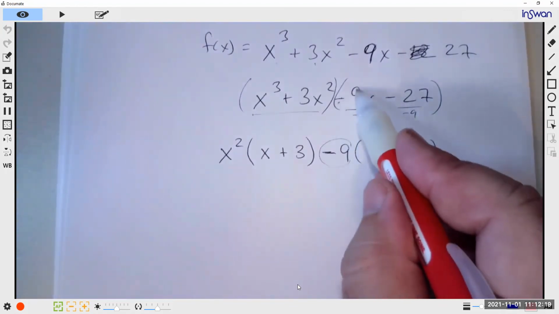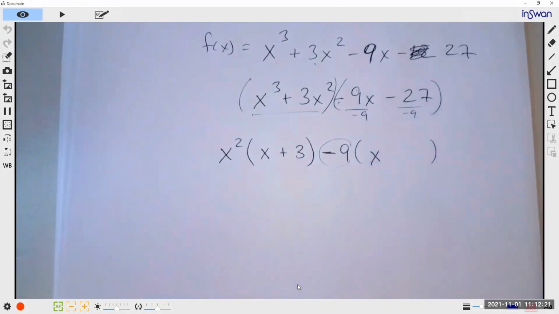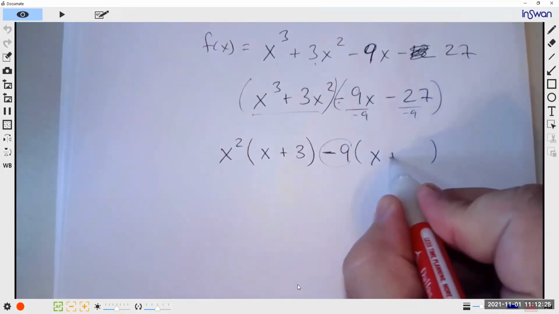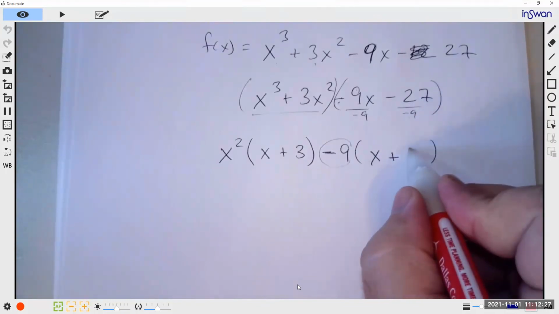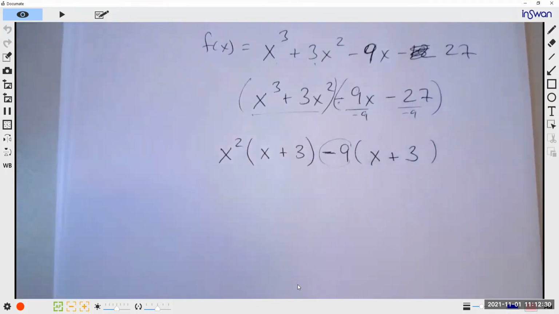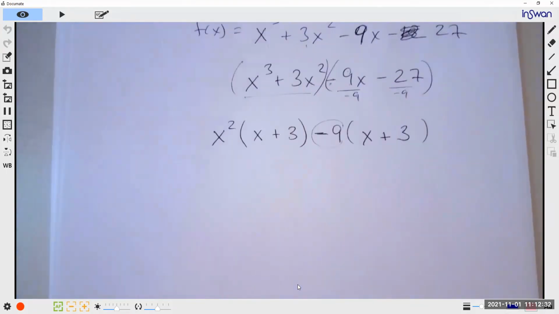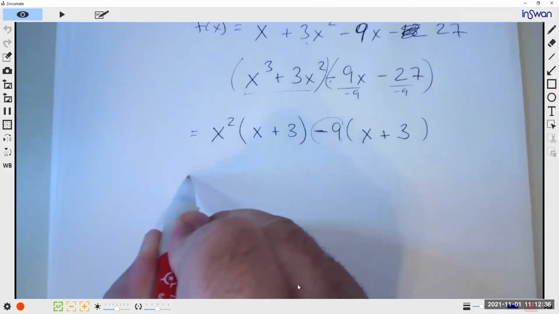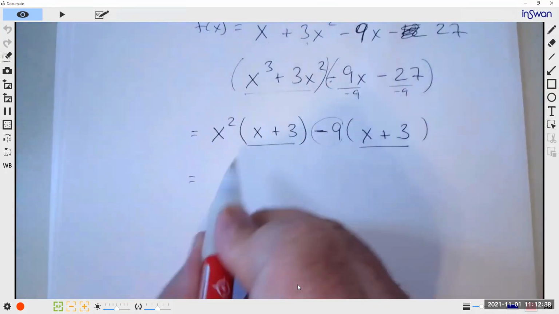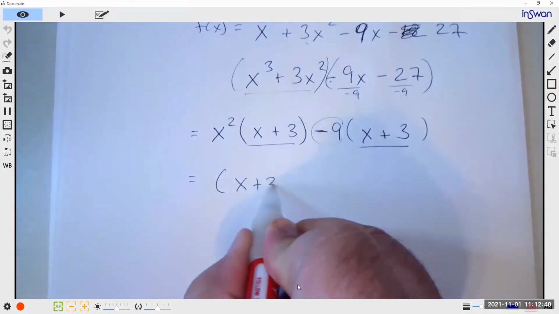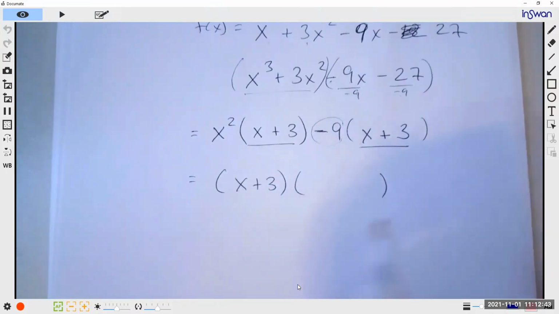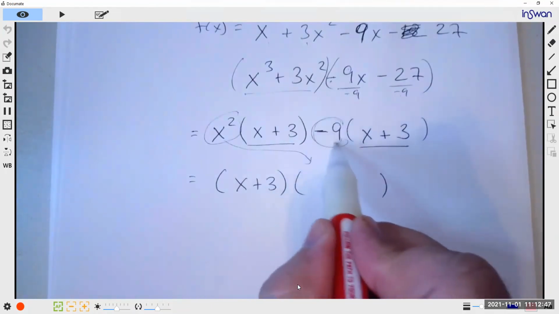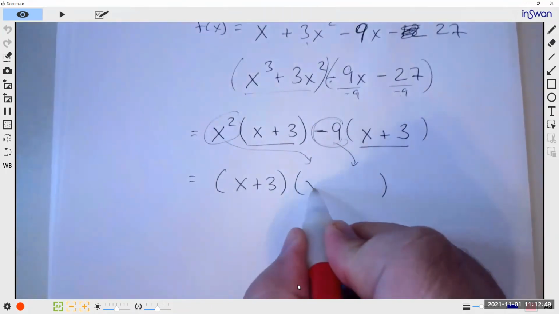Negative and negative is positive. 9s cancel, so it's just x. Negative, negative cancel, so it's positive. 27 divided by 9 is 3. They both have an x plus 3. So whatever's in front of those goes inside the second parentheses.